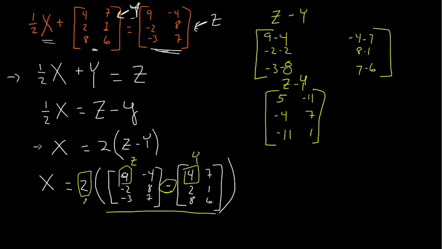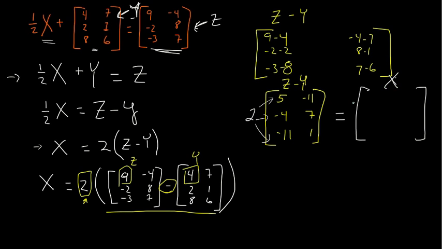And now we just have to multiply that using the scalar of 2. And we do the same thing. We just distribute it across each point, and that will equal our x, this new matrix. This will be our x matrix.